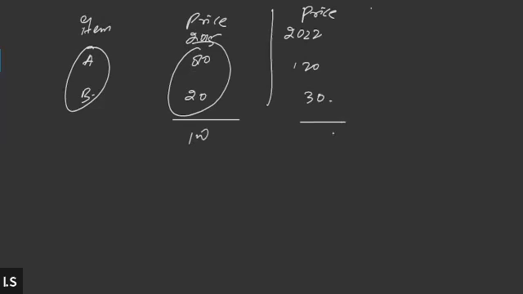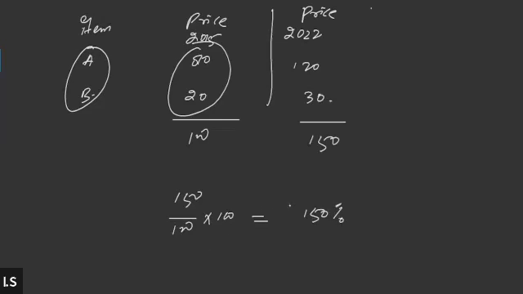Sum total of the price of both the commodities in the current year will be 120 plus 30, it will be 150. So now in order to find out the change, we will simply divide 150 by 100 and multiply it by 100. Why are we multiplying it by 100? Because the index number is always calculated in terms of percentage. So 150 divided by 100, it will be 150%.